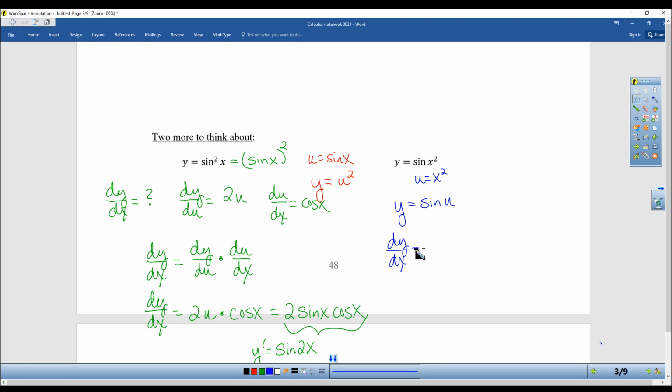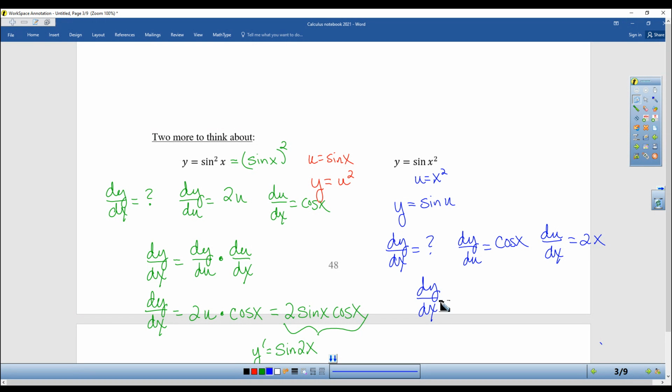That's what I'm trying to find, but I can find the derivative of y with respect to u. So here's my y. Use the thing I'm doing stuff to. I get cosine of u. And what is the derivative of u with respect to x? 2x. See how there's no derivatives of insides? We've eliminated them by following this concept.